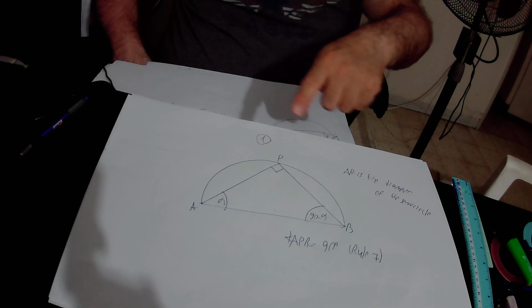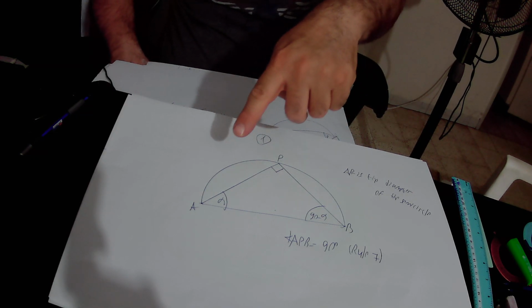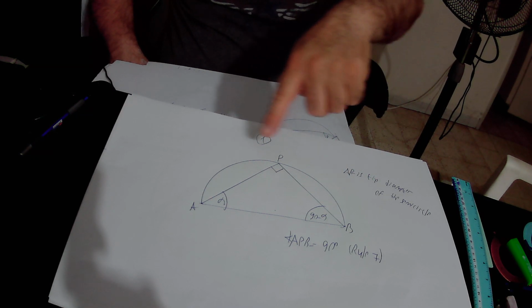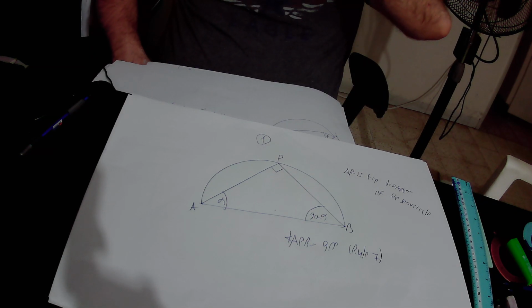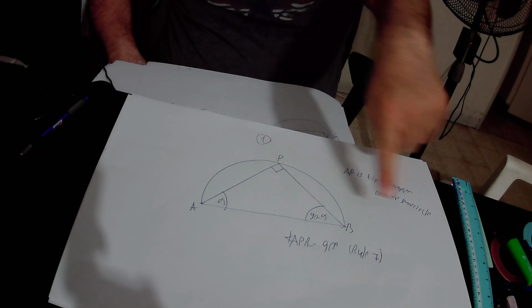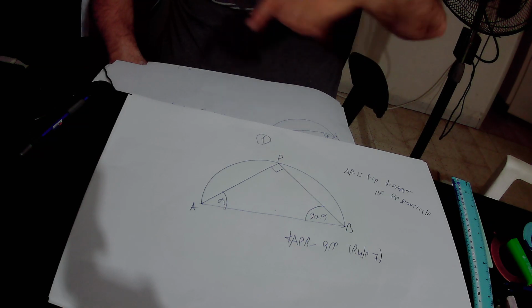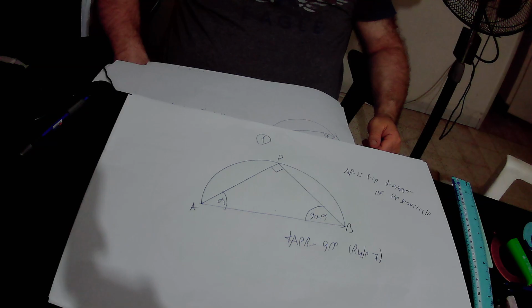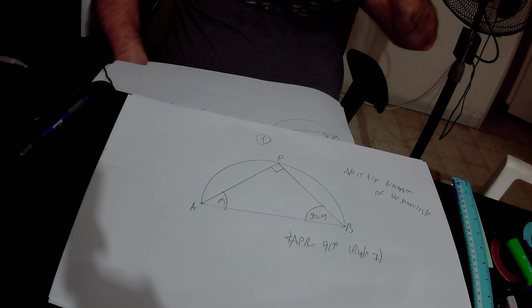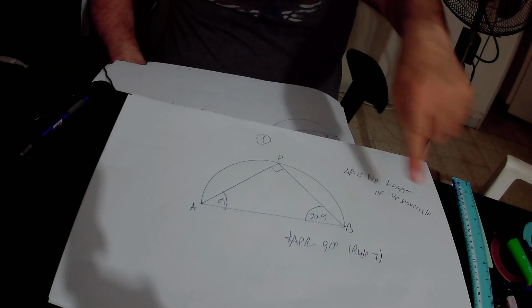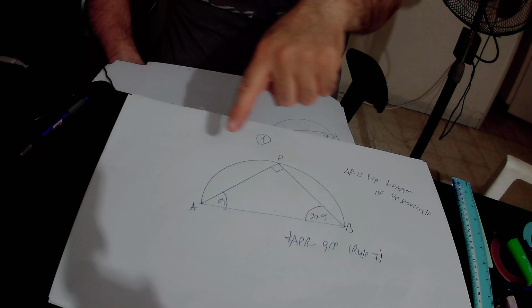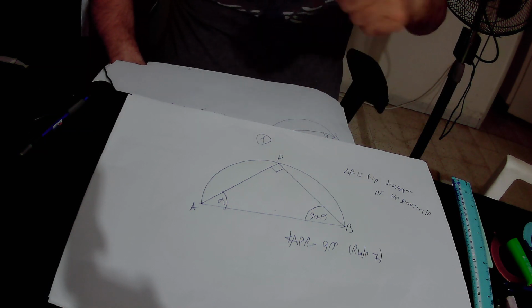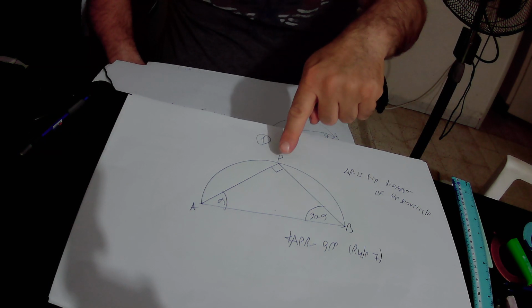By joining points P and B, we created a peripheral angle APB. Peripheral angle APB is subtended on AB, that is the diameter of this semicircle. And according to rule 7, any peripheral angle that is subtended on the diameter of the circle must be equal to 90 degrees in its size. Therefore, peripheral angle APB must be equal to 90 degrees.